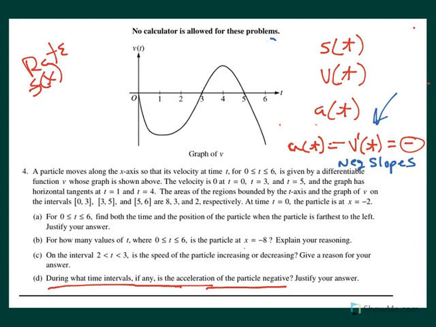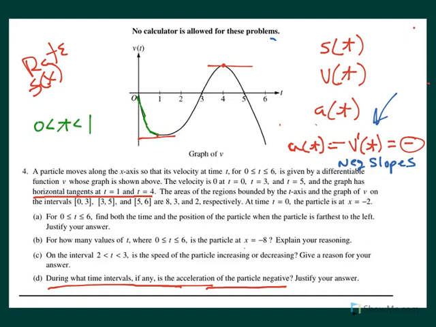So this is why they told you where you had horizontal tangent lines, so where it changes direction. They did say that we have a horizontal tangent line at t equals 1 and a horizontal tangent line at t equals 4. So where do we have negative slopes on the v function? It looks like we're going to have negative slopes from t equals 0 to t equals 1.